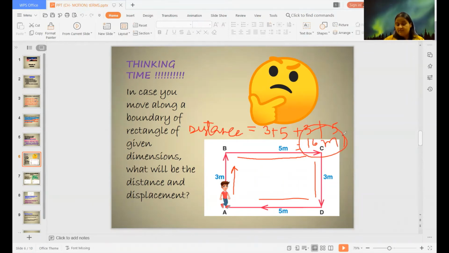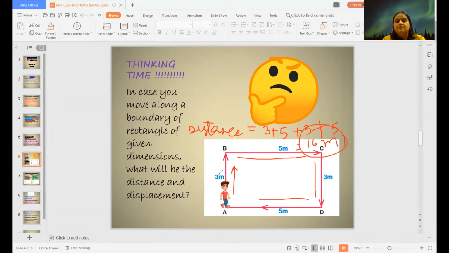But what is displacement? Now the boy is moving from A to B, B to C, C to D, and finally again it has reached A point. So when it is coming to A point, you will see what is displacement. Initial point is A. Finally he is coming at point A only.